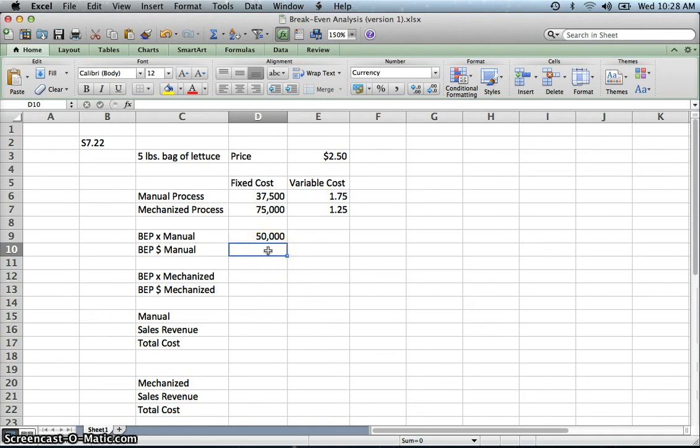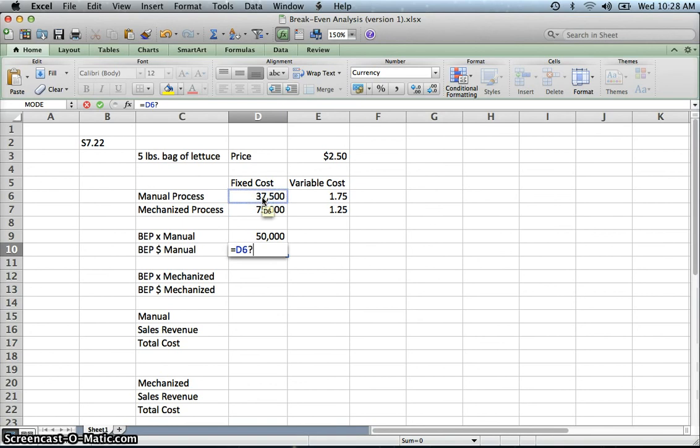Now, the break-even point in dollars, we could use the formula, or we could simply take this amount and multiply it by the $2.50. I'll come back and do that later and show you how to switch back and forth, but I'm going to use the formula here instead of just instantly converting this into dollars. So the formula for the break-even point in dollars is, once again, we want the fixed cost here.